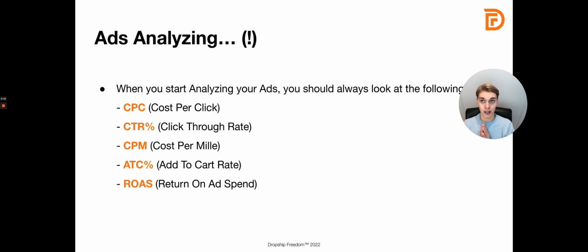If you're going to sell in, let's say, Germany, then you have a CPM of maybe 10, while in the US maybe you have 50. So you reach 5 times more people with the same amount of budget in Germany compared to the US.